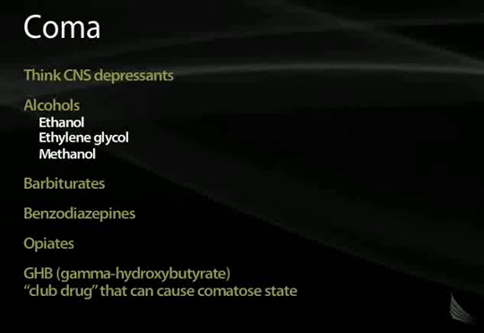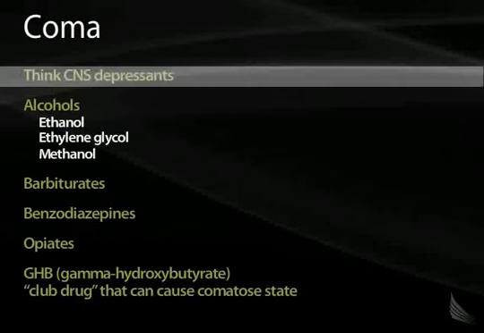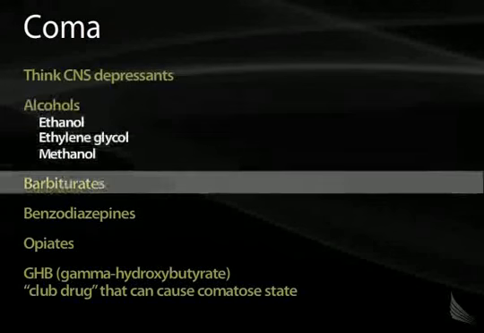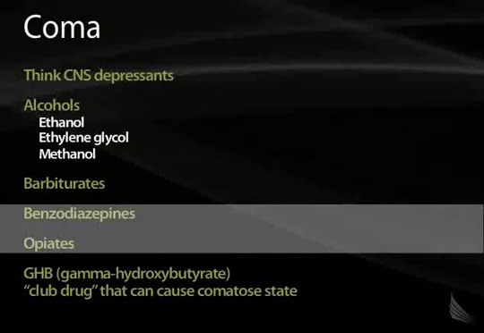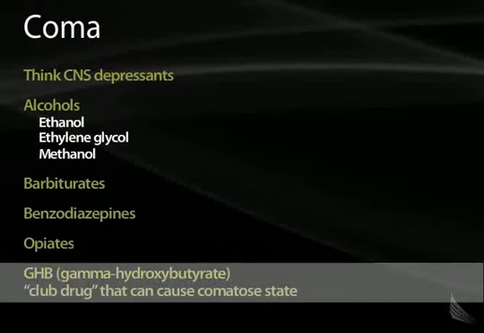When you see a patient that's either on the test or in your future career that has a coma, the most important thing to remember is you should think about which medications the patient might have taken. You should think about central nervous system depressants, such as alcohols, barbiturates, benzodiazepines, and opiates, as well as recreational drugs such as GHB, gamma hydroxybutyrate.